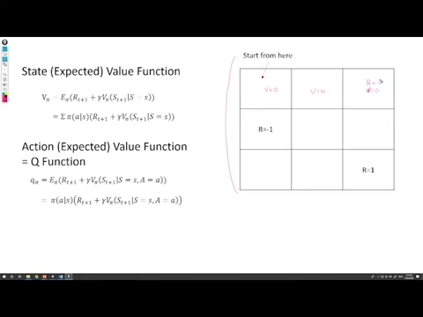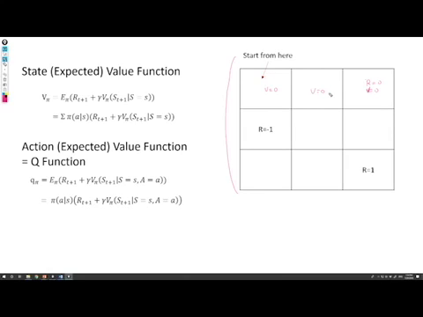So what we are talking about here is the state value function, or we'll just call it the value function for each state. After each iteration, we're going to update the state's value function, and this is the update rule.